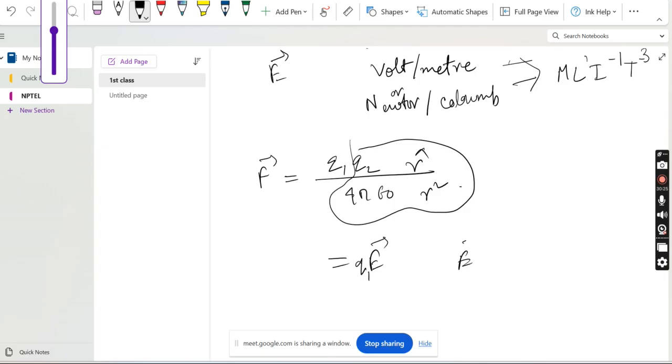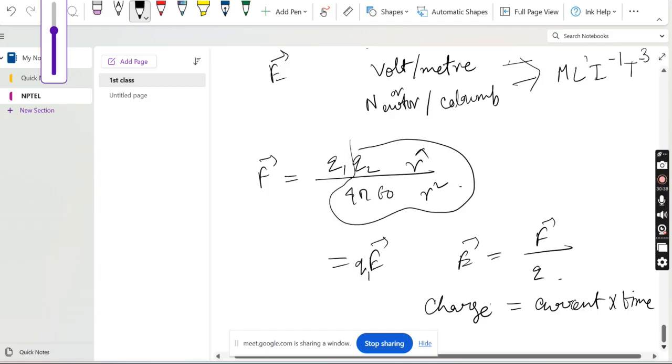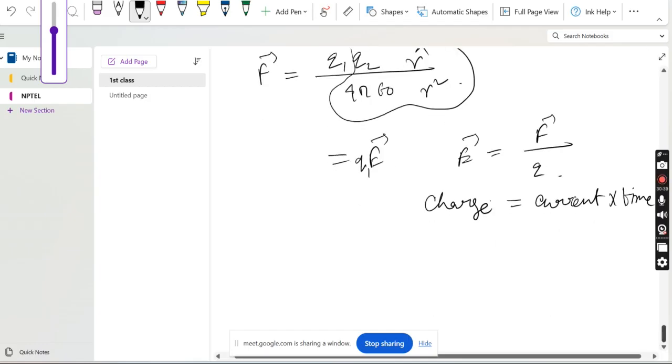So basically, electric field is force by charge. Charge is basically current into time, or we can say current is charge flowing per unit time.